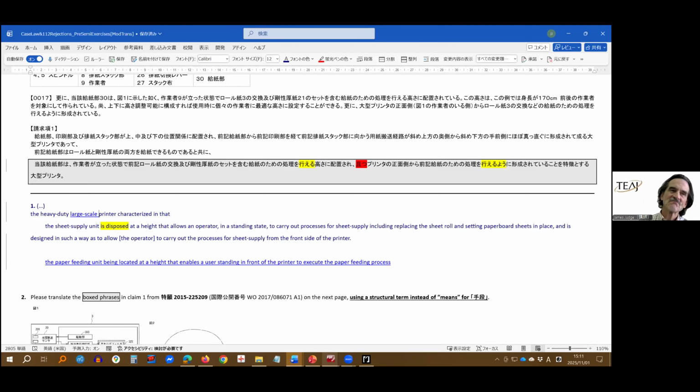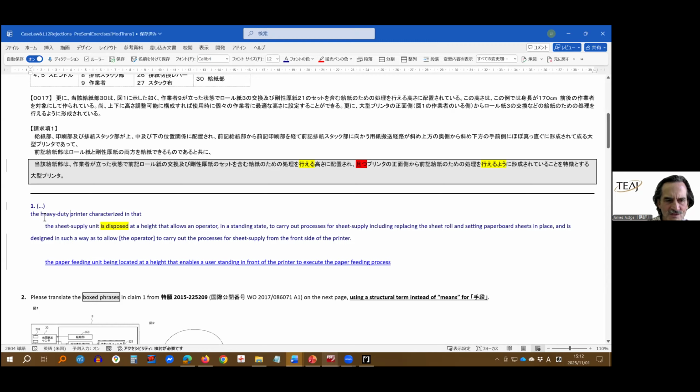Although I like this word large scale as a direct translation of ogata, because the scale kind of corresponds to gata, in this case, kata. And by saying large scale, it suggests that it's relative to smaller scale printers.